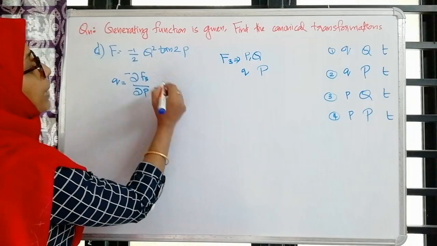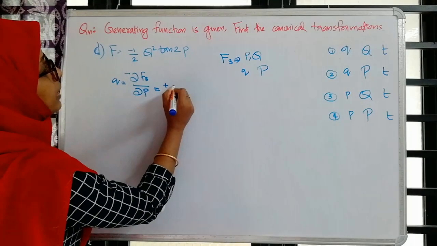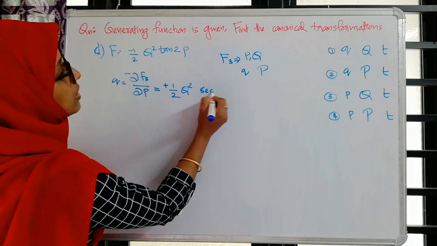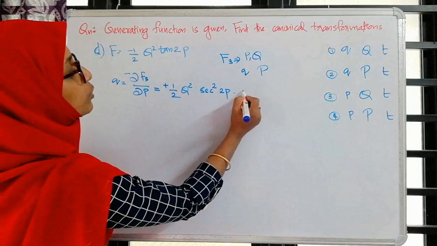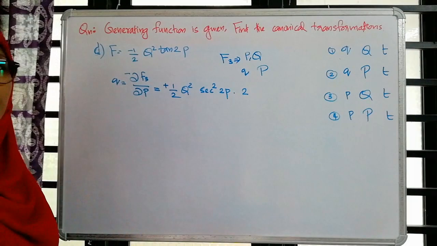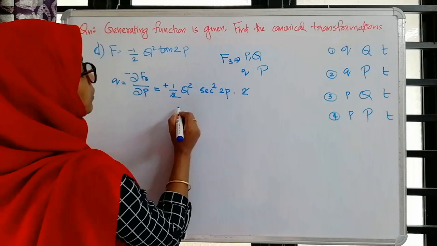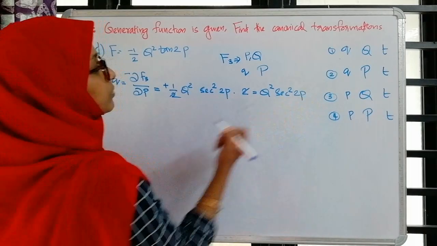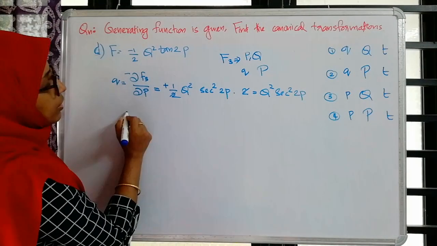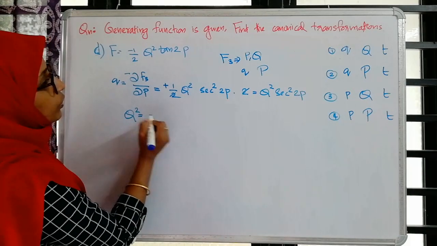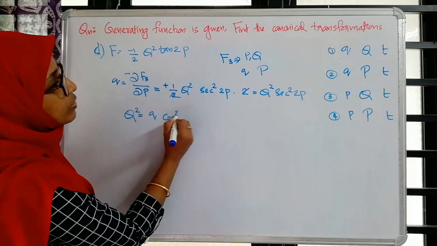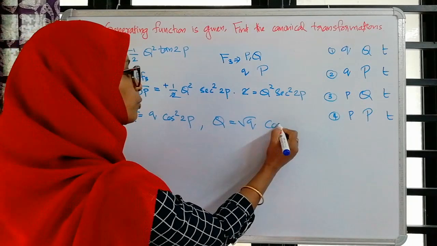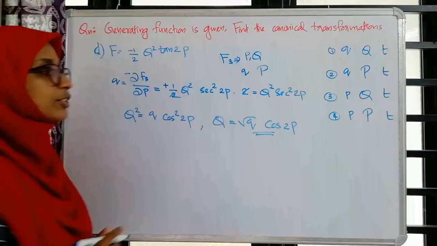That's equal to minus of minus 1 by 2 Q square, that is 1 by 2 Q square, ∂/∂p of tan 2p, that is sec square 2p into 2. This is equal to Q square sec square 2p. And from this we can write Q square is equal to q into cos square 2p. That is, capital Q is equal to root q cos 2p. This is the transformation equation.